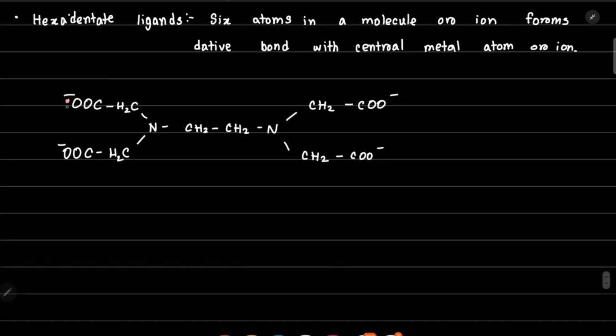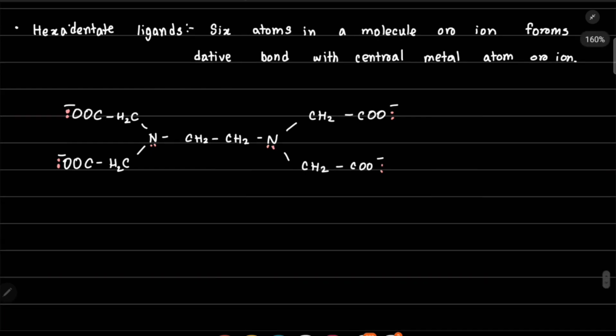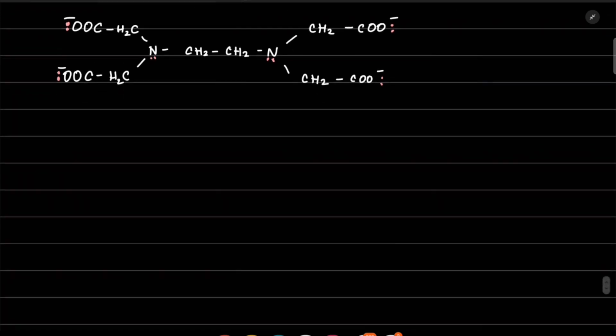So we have a lone pair on this oxygen, so 4 of them in total, and we have lone pairs on the nitrogens, so we have 6 lone pairs which can form dative covalent bonds with the central metal ion.